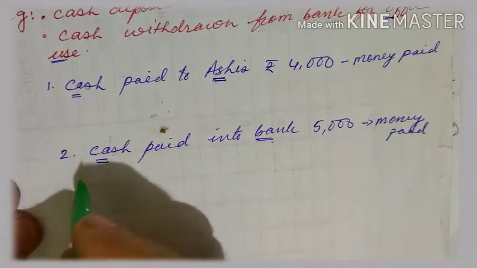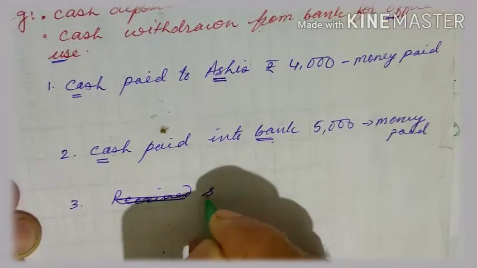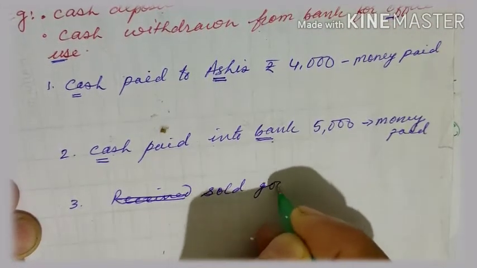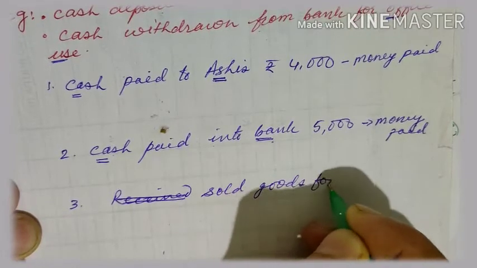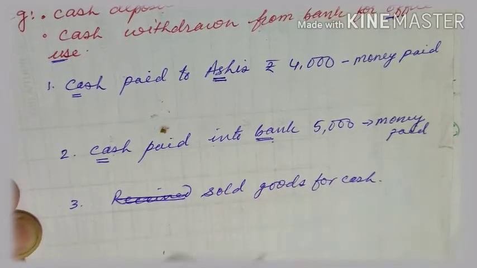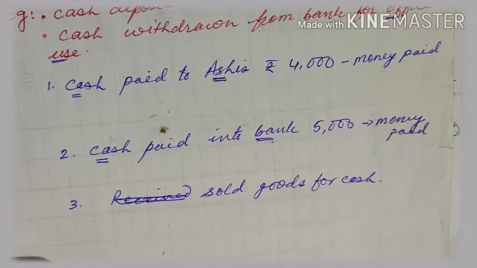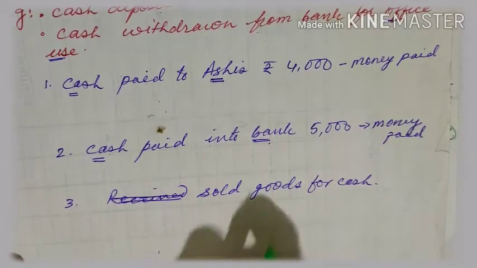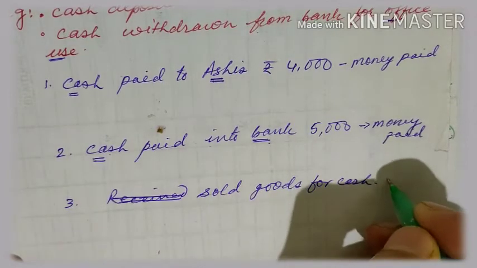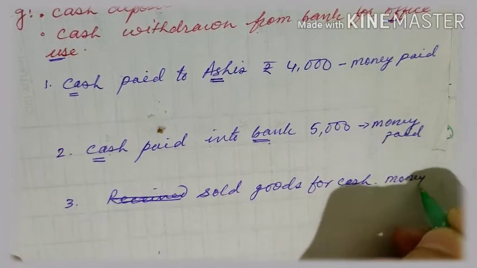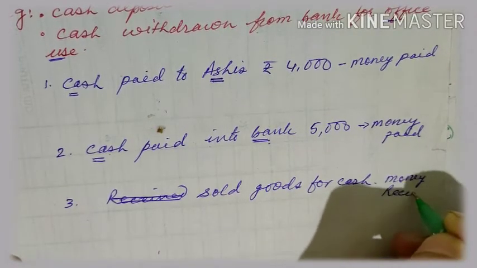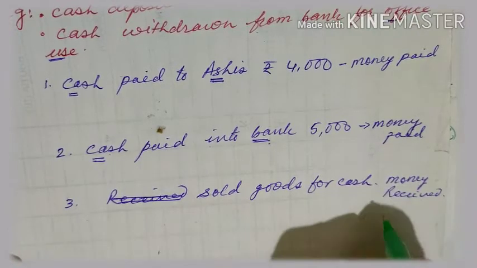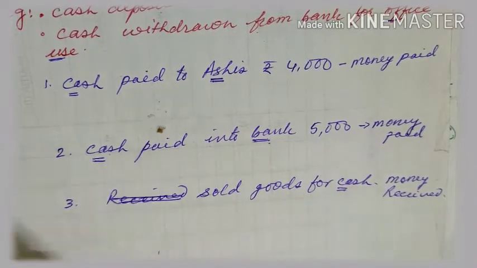One more example I'll give you, number 3. Sold goods for cash. What is happening here? Money is coming or going? When you sell, money comes. So here, money received. Money received, that means cash is received. From whom or from where?